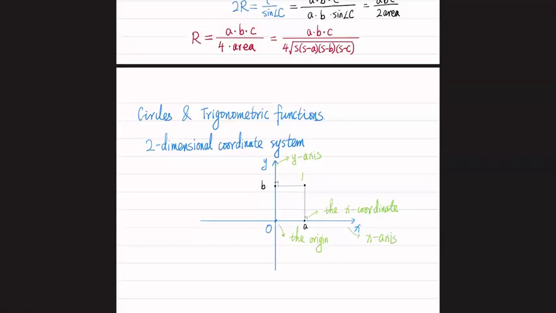This will be our point P. And B, the y coordinate.